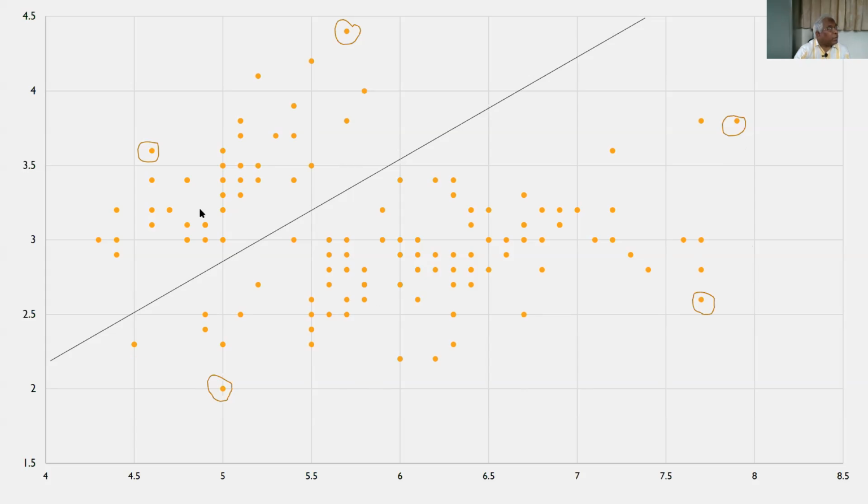And therefore, there is very little chance that these objects will be wrongly placed. We have to take care of the points close to this. We have to take care of these points because they have a chance of misclassification.